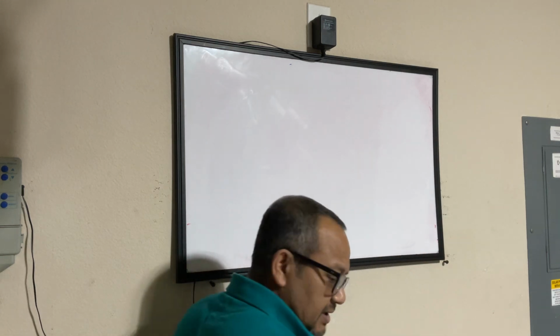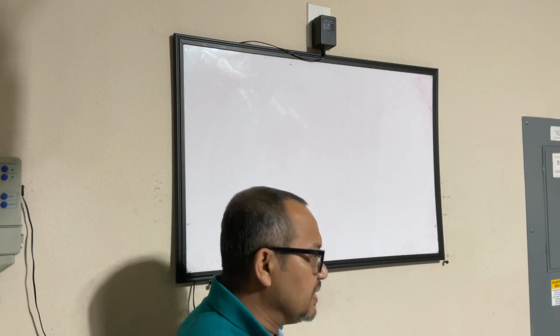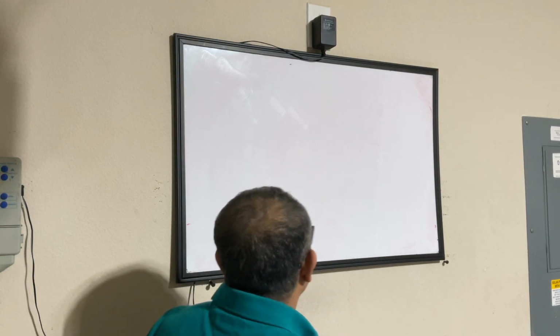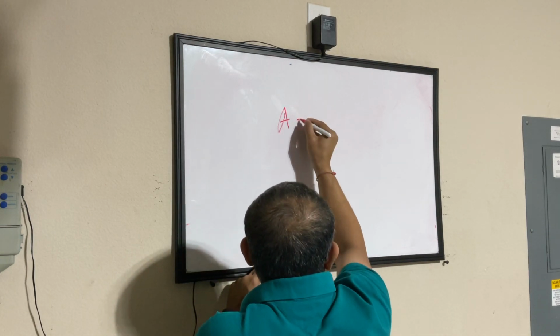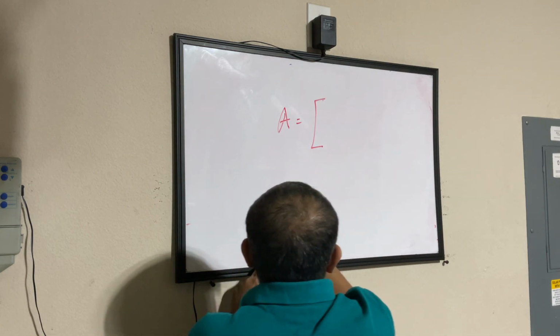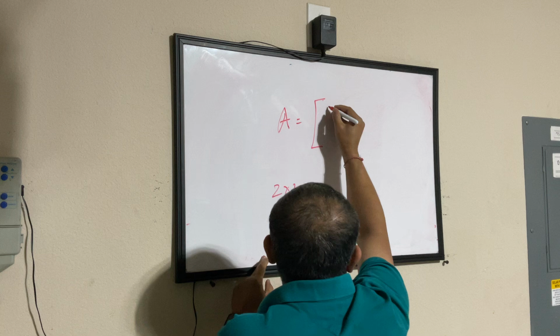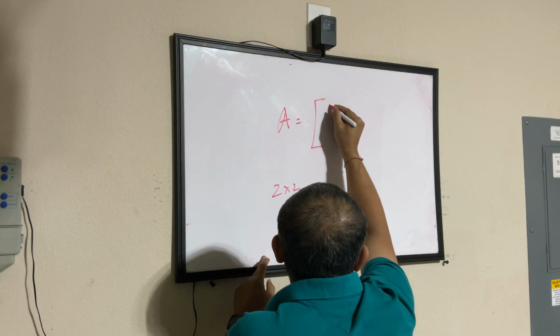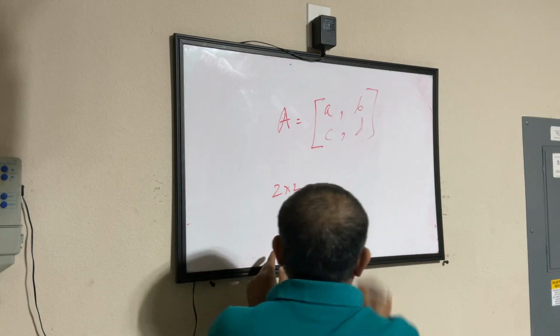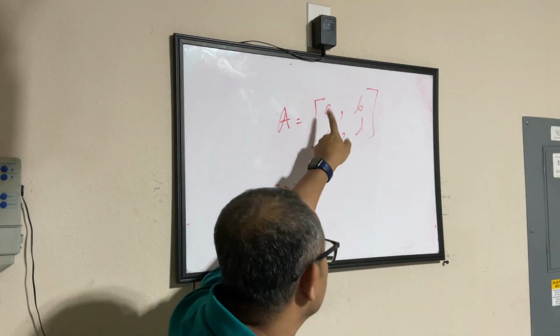Not today, probably. I'm kind of believing that we might need one more class because there are a lot of things to cover still. So first thing first, any matrix that we talk about, let's say if I'm talking about a matrix A, and which is a 2 by 2 matrix, that means I'm talking about a matrix having a, b, c, d. 2 by 2 meaning 2 rows and 2 columns.